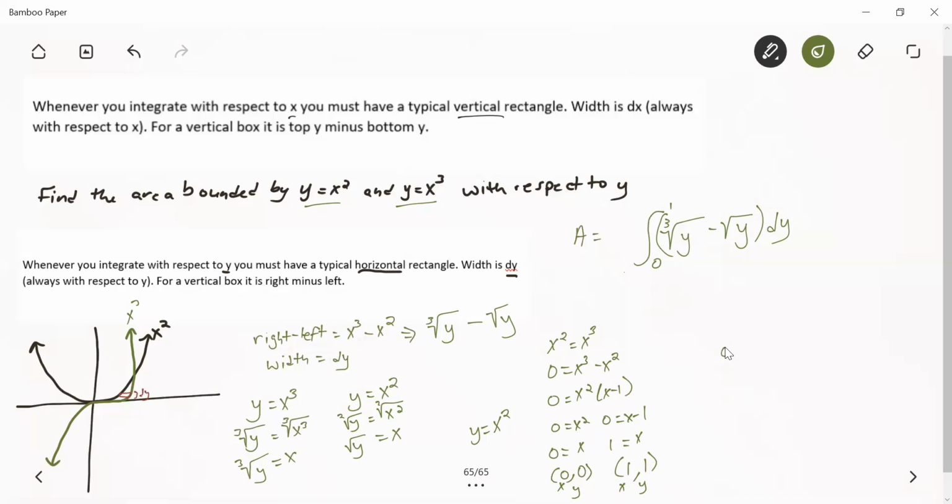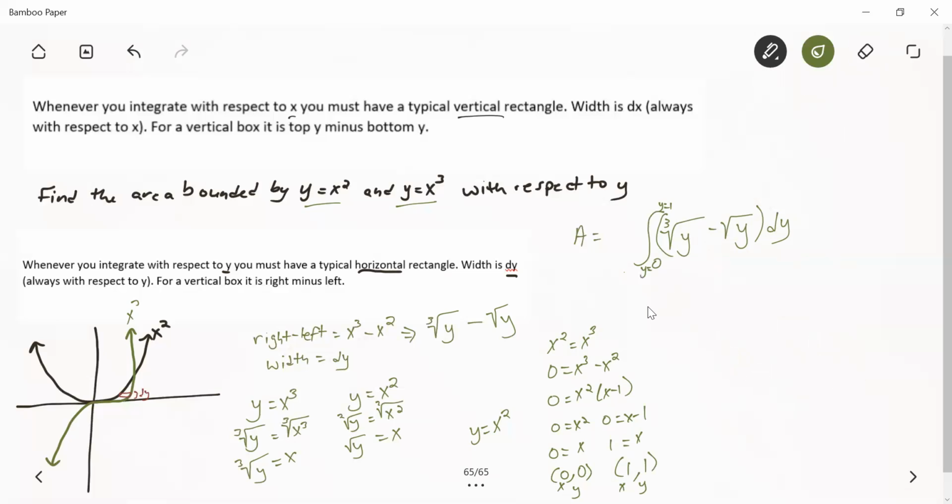But this could have easily been, say, 0, 0, and say 2, and 2 squared would have been 4. Say we were looking at a different piece, then it would be 0 up to 4, because we're dealing with y equals 0 and y equals 1, not the x's. Okay. All right, now let's go ahead and solve this.